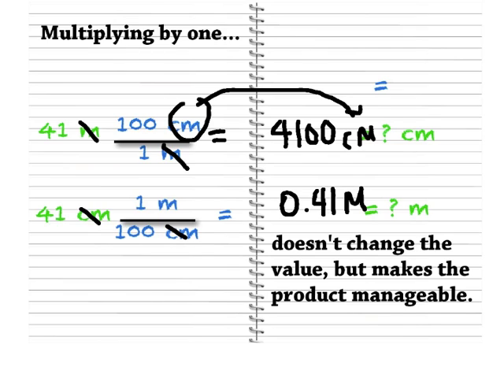And when you multiply by 1, you don't actually change the actual amount. 41 meters and 4,100 centimeters are equal to the same distance. Same thing with 41 centimeters and 0.41 meters. They're the same distance. It's just the units that you are changing.